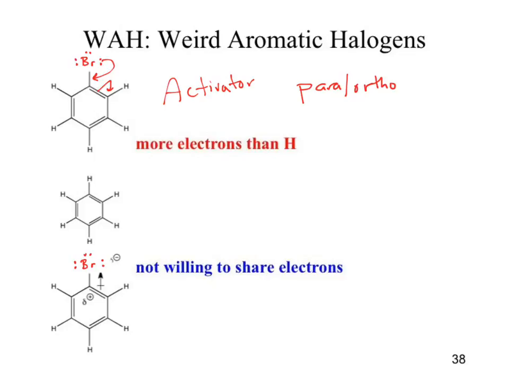Stealing them from the ring and pulling them outwards. Well, if they are pulling them outwards, then our halogens should act as deactivators and meta directors. Okay, well, which is it?